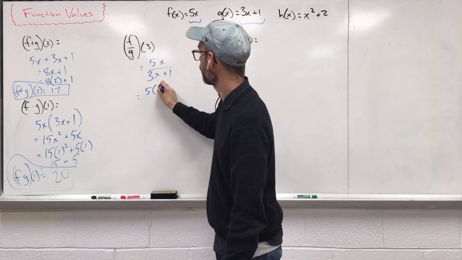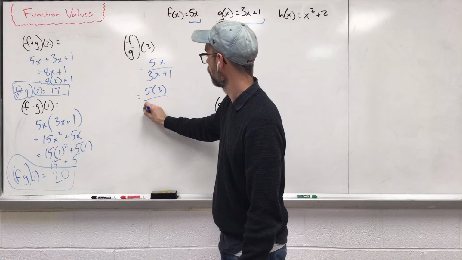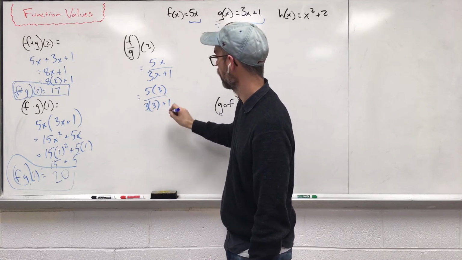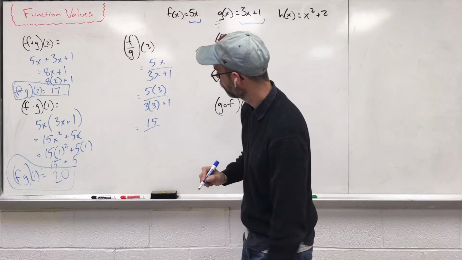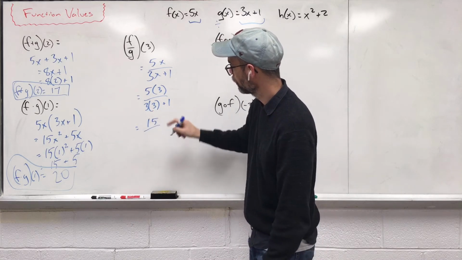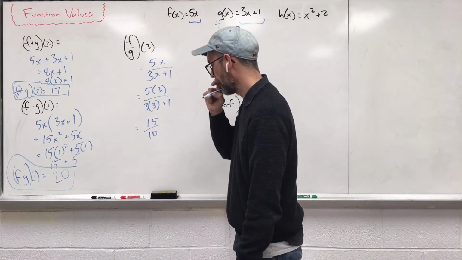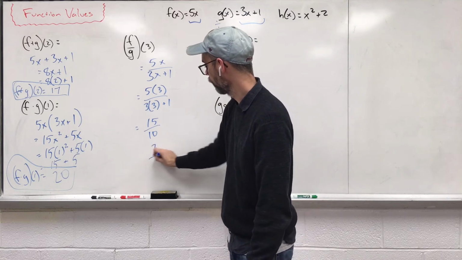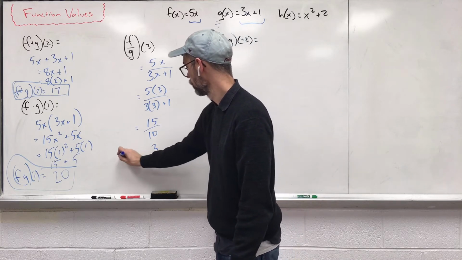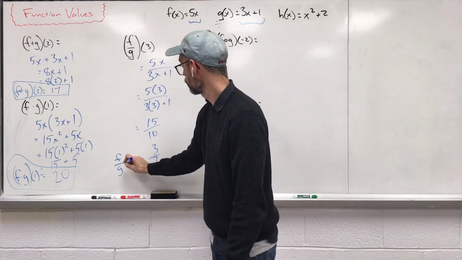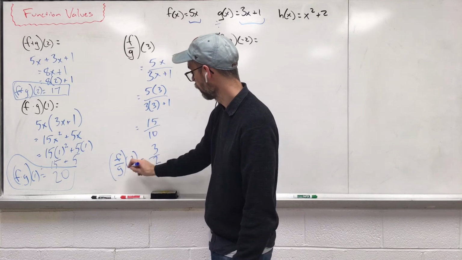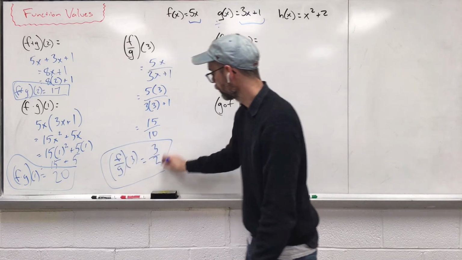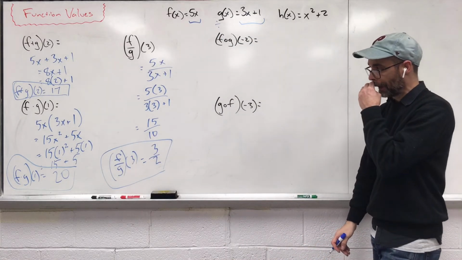So 5 times 3 over 3 times 3 plus 1, giving us 15 over 9 plus 1, so 10. And we can simplify that to 3 over 2. f divided by g of 3 gives us 3 over 2.